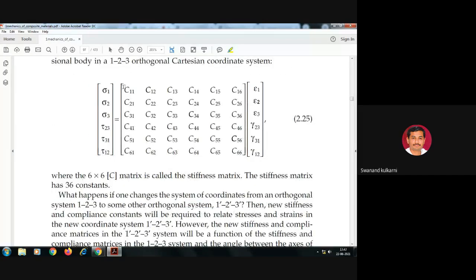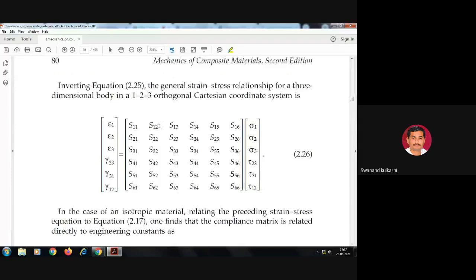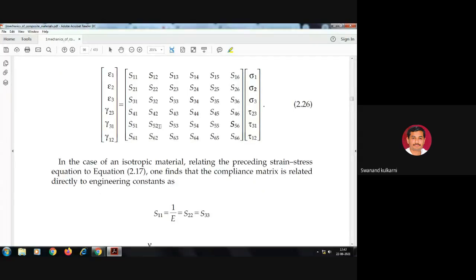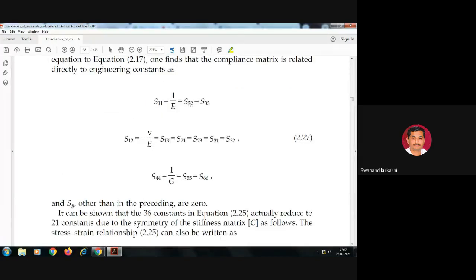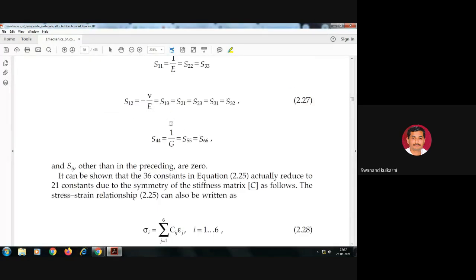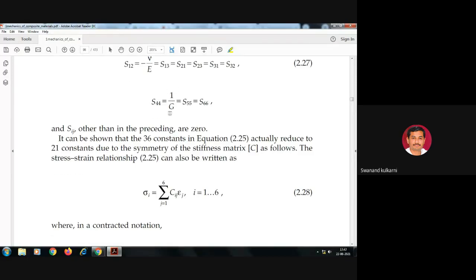So the C shows the stiffness matrix and this S shows the compliance matrix. So strain and stress, how these are correlated with each other as far as concerned with isotropic material with the stress-strain equation: the compliance matrix S11, S22, S33 is given by 1 upon E. The 6 elements which we discussed earlier are given by minus mu upon E, and the 3 elements S44, S55, S66 are given by 1 upon G.